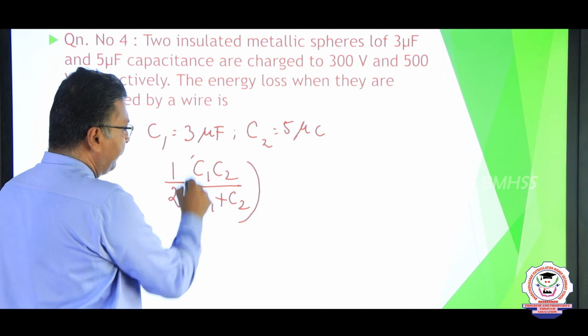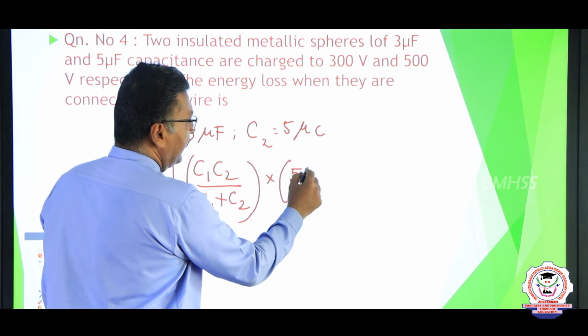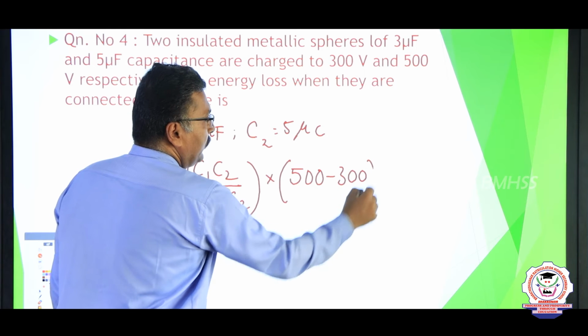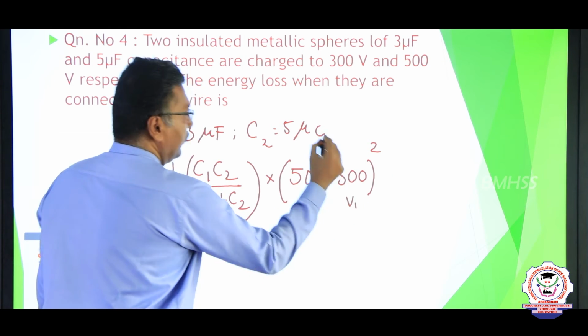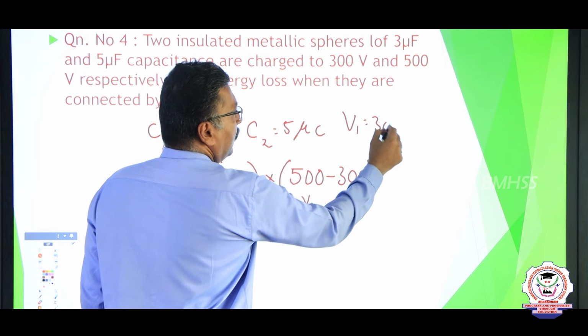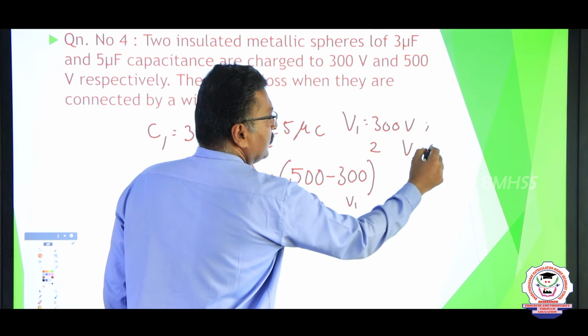So they have the effective capacitance into 500 minus 300 the whole square, V2 minus V1 the whole square. We had V1 equal to 300 volts and V2 equal to 500 volts.